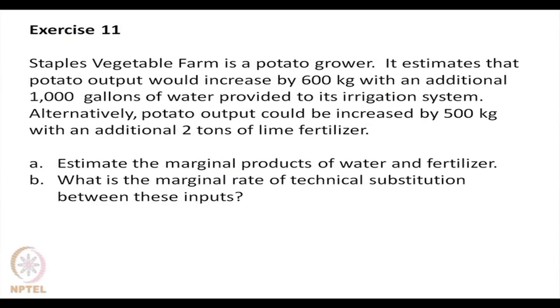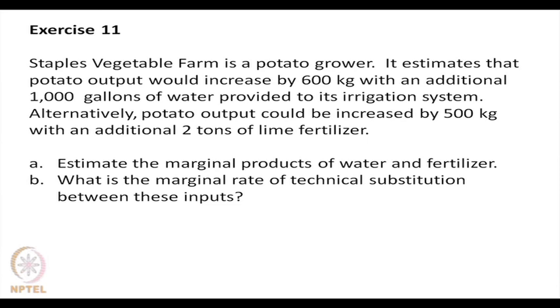The first exercise is about a Staples vegetable farm, which is a potato grower. It estimates that potato output would increase by 600 kilogram with an additional 1000 gallons of water provided to its irrigation system. Alternatively, potato output could be increased by 500 kilogram with an additional 2 tons of lime fertilizer.